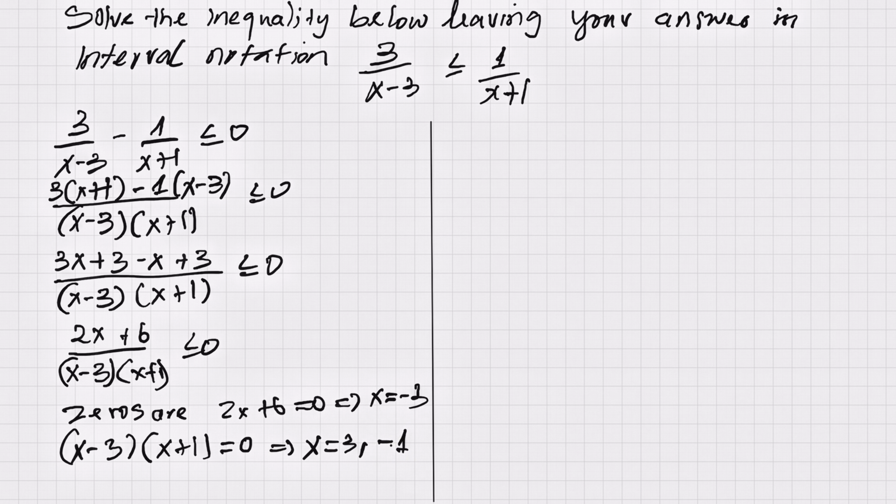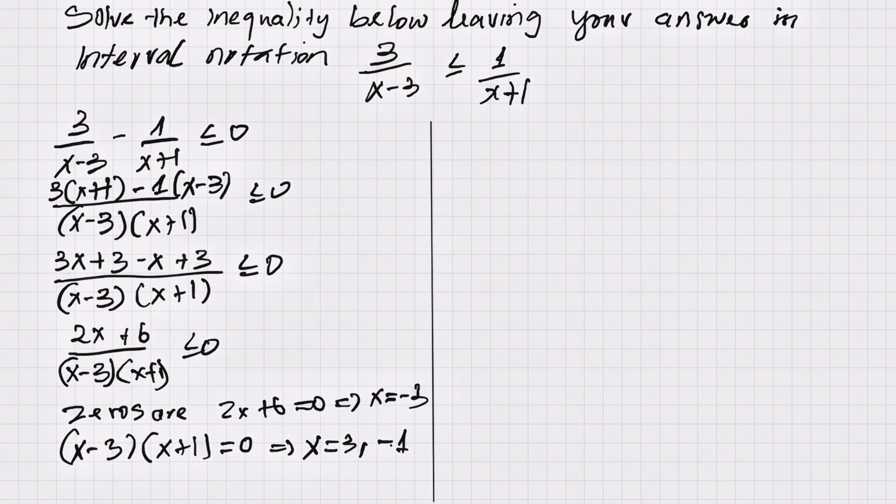All right, so that is that. Now we have our boundary points. Our boundary points are negative 3, negative 1, and 3.